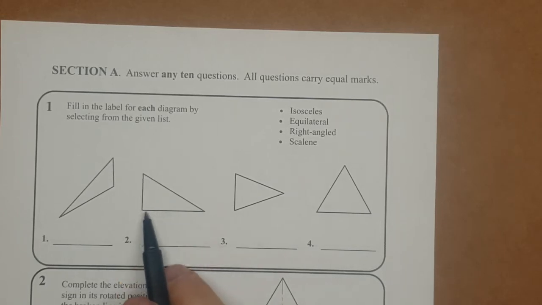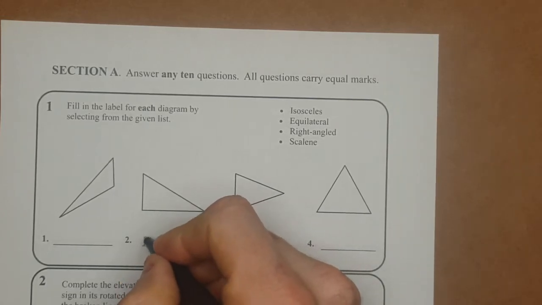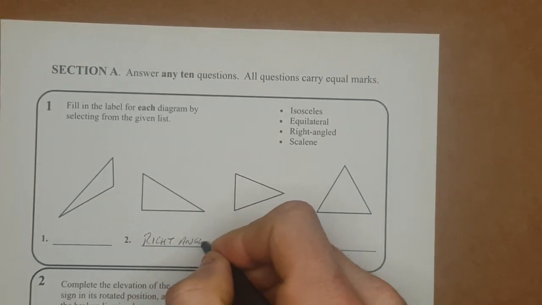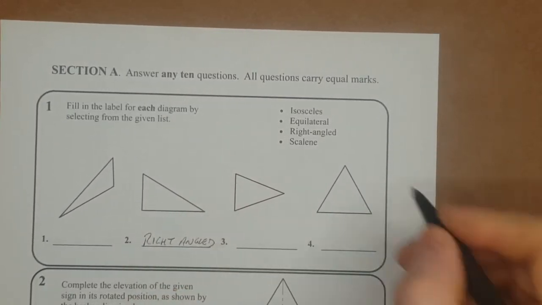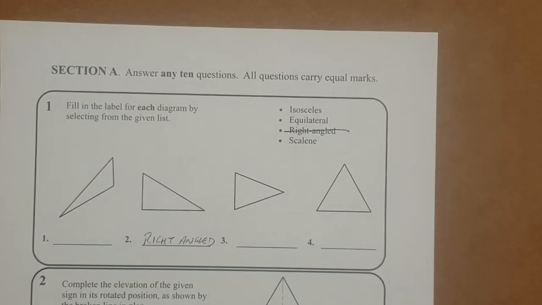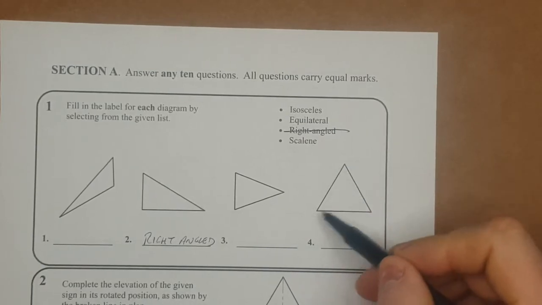This one here is going to be your right angle triangle. And strike off as you go. Sometimes they can look a little bit odd, but to me this one here is our equilateral.